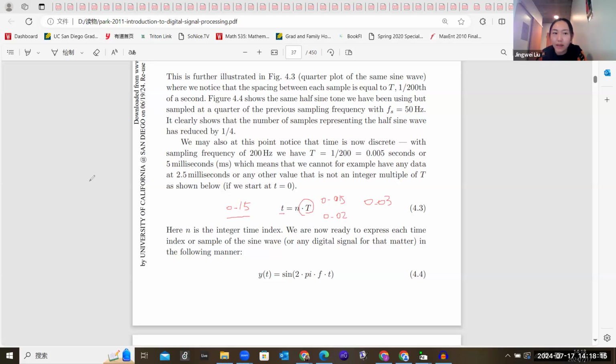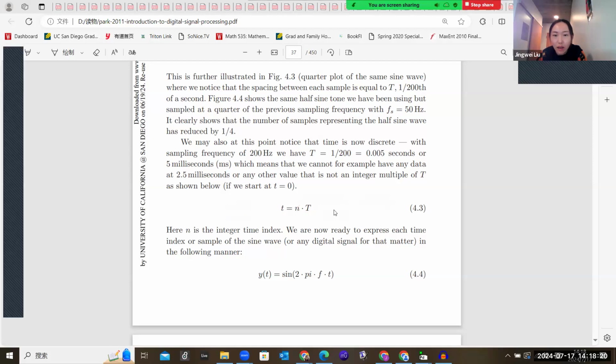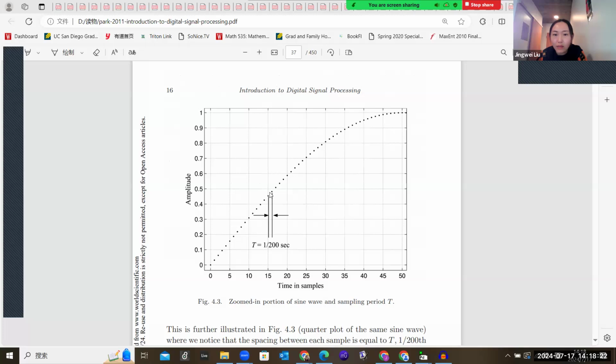So this is the effect of discretization, right? Once you discretize this, all your time is discretized. Therefore, you cannot have any point in between. The intervals in between these points are void, so you cannot have any number there.